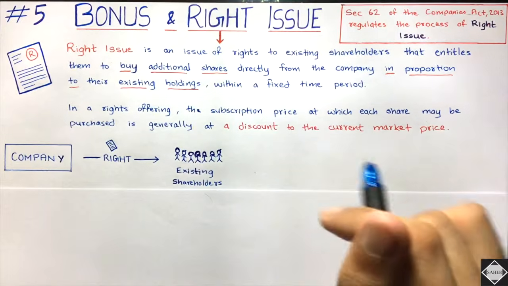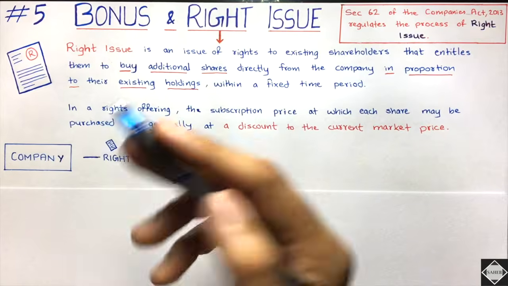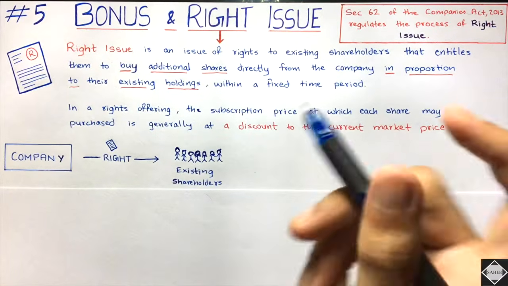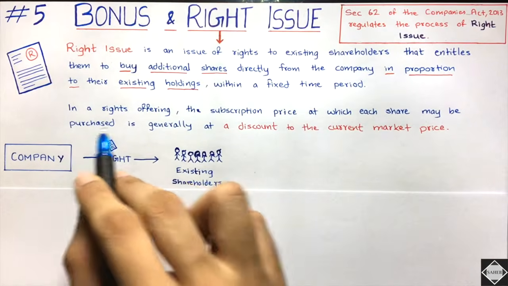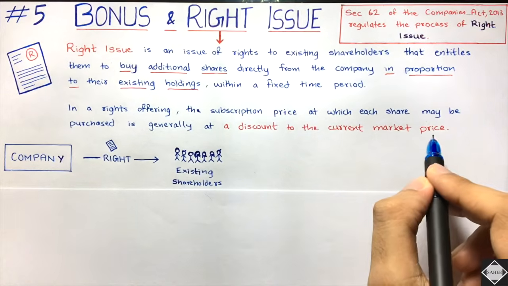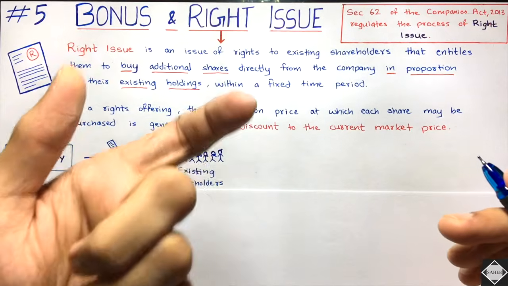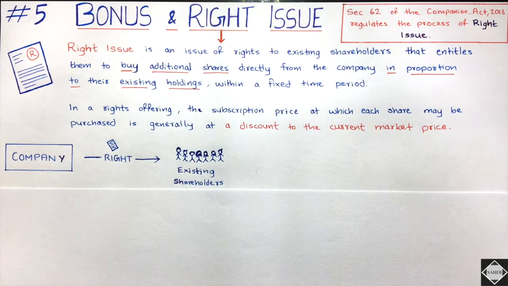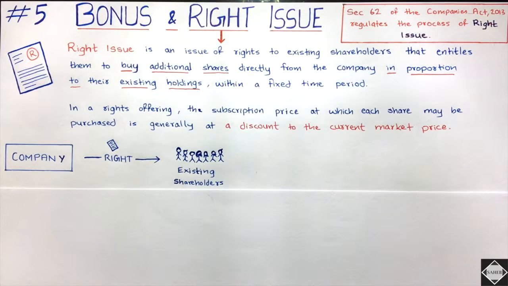In a rights issue, the subscription price, the offer price, or the right price at which each share may be purchased is generally at a discount to the current market price. That's what usually happens always. So that is basically the concept of right issue.